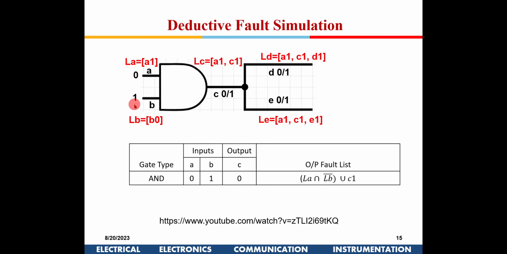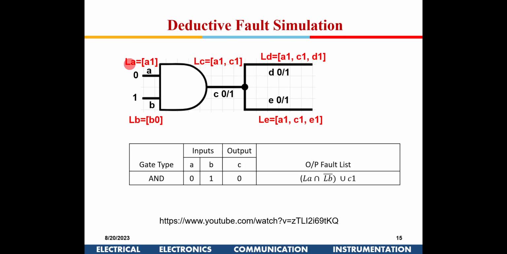Suppose this is the test vector. First and foremost, I take a test vector 0 1. If I take test vector 0 1, what is the fault which can be detected? Stuck at 1. So I write this, LA.